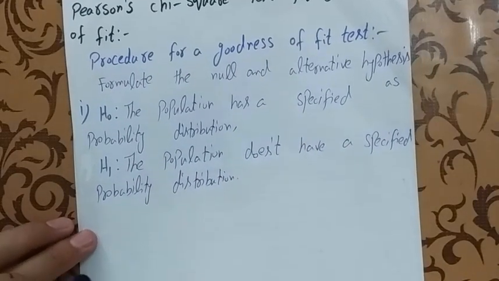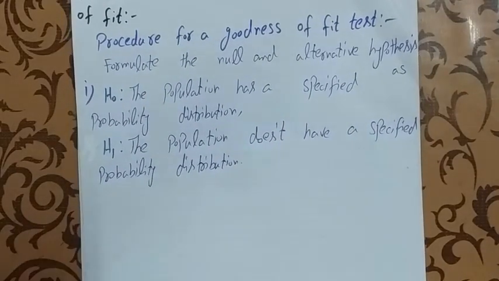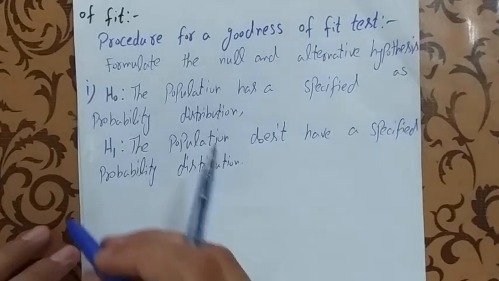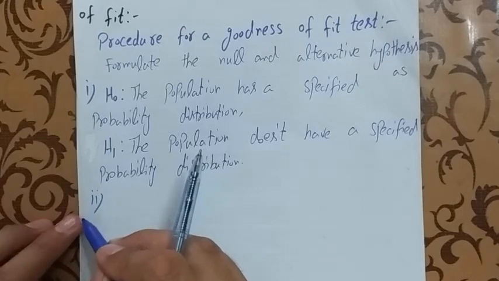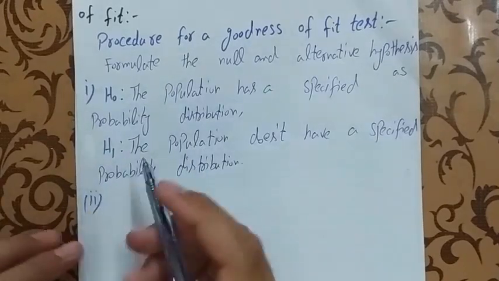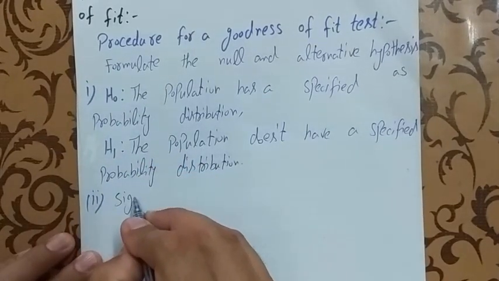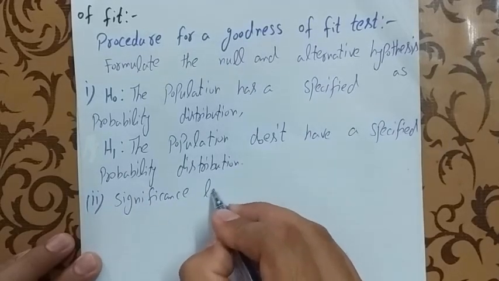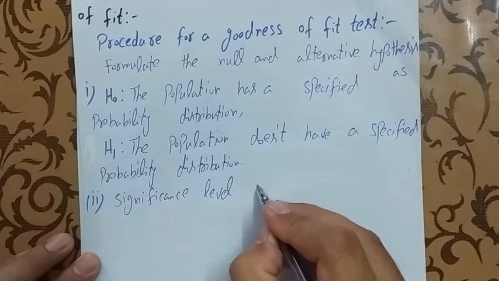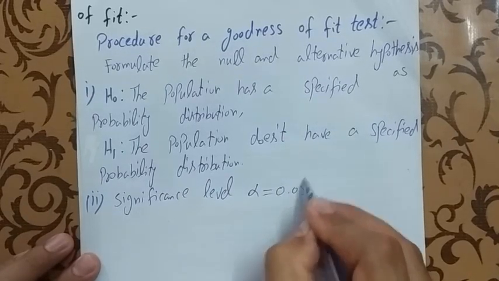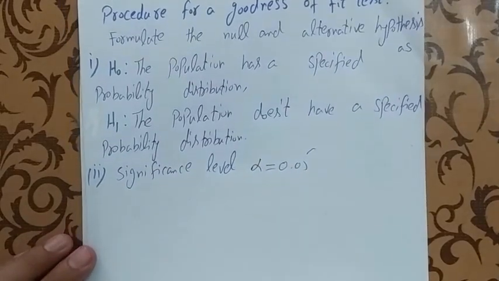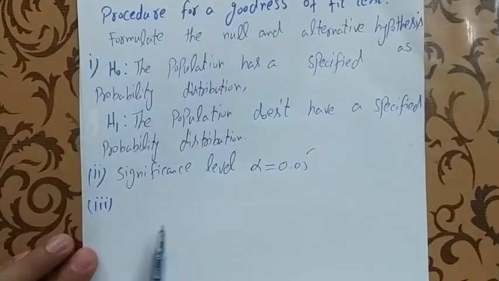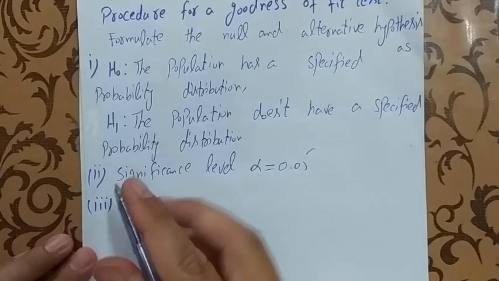And the second point, just like the previous tests, the chi test and the contingency table, we choose the significance level. The significance level we normally use is alpha equal to 0.05. And the third one is the test statistic.